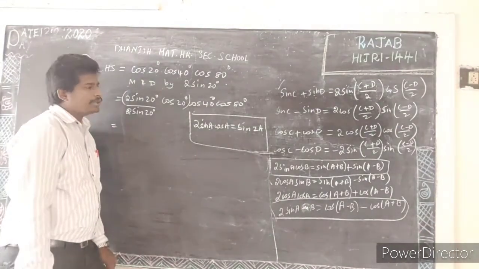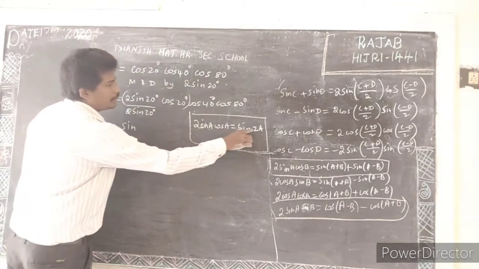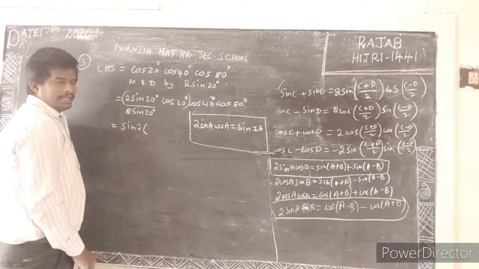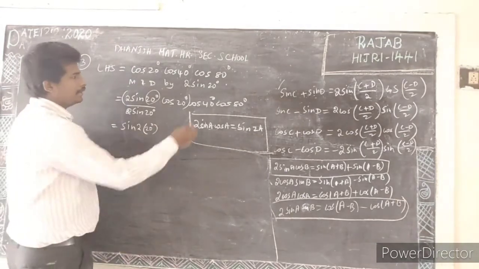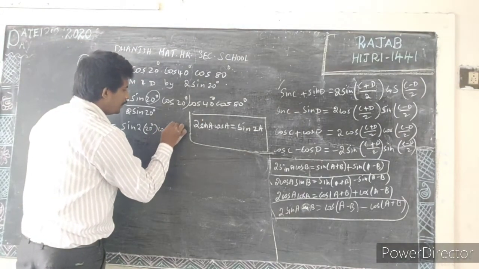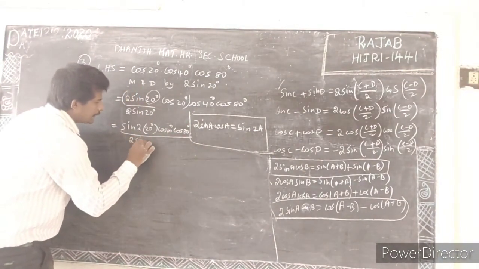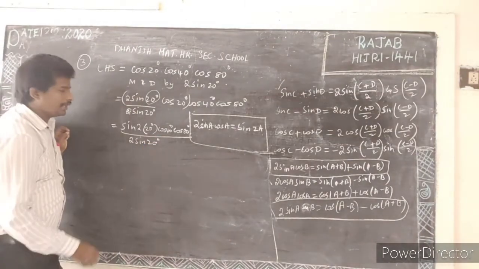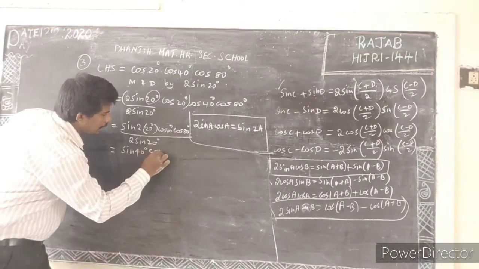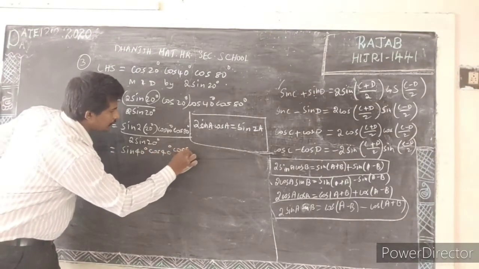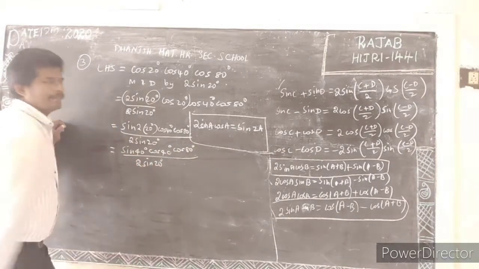By using this, it will become sin 2A, 2 into A. Here our A is 20 degree. Then we will have cos 40 degree, cos 80 degree by 2 sin 20 degree. Now this is equal to sin 40 degree cos 40 degree cos 80 degree by 2 sin 20 degree.